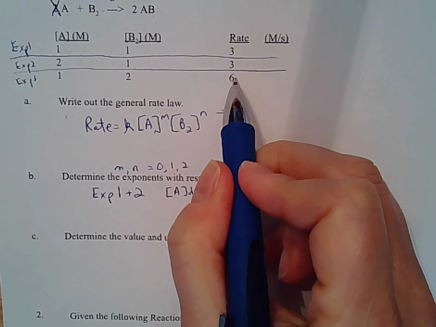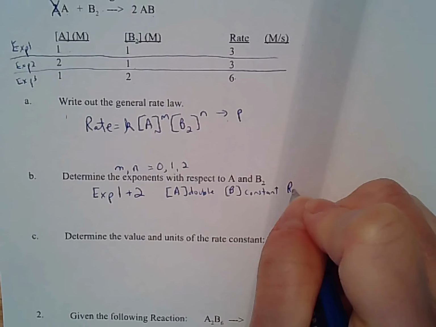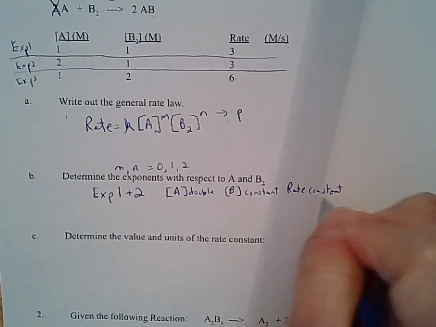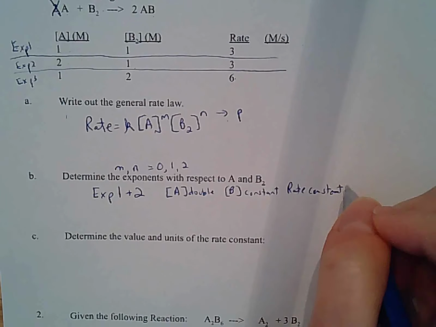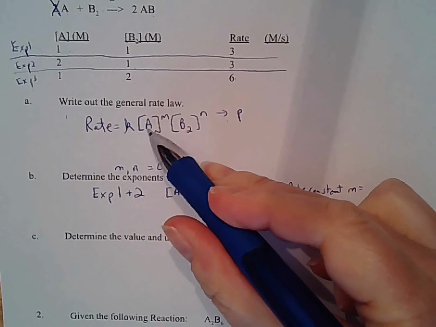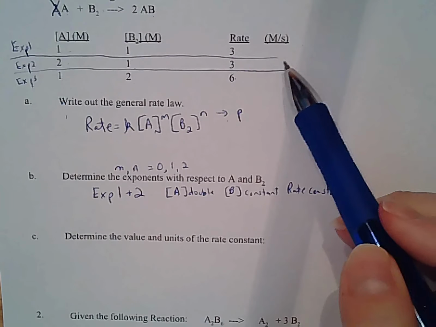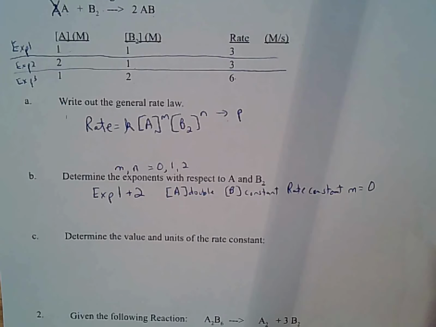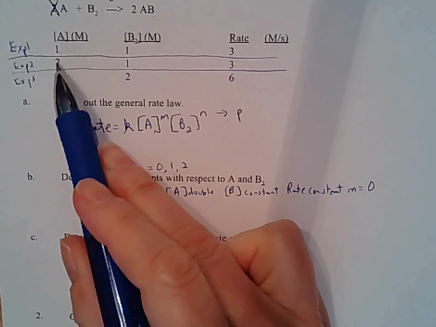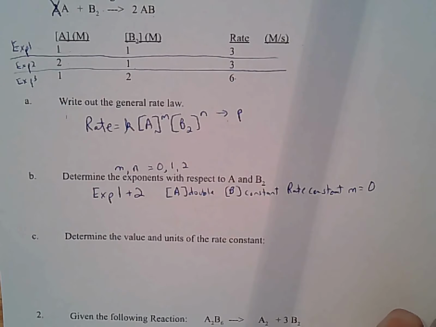And then what is happening to the rate? Well, the rate is constant. So if the rate is constant, what is M going to be? M is according to A. How is A affecting the rate? Well, M has to be a zero order reaction because even though I doubled the concentration of A, my rate stayed the same.